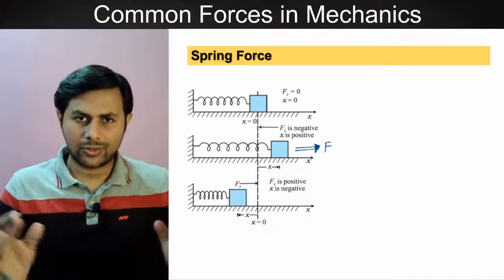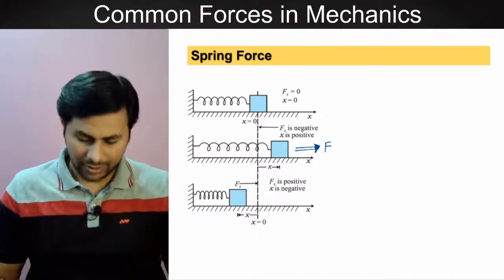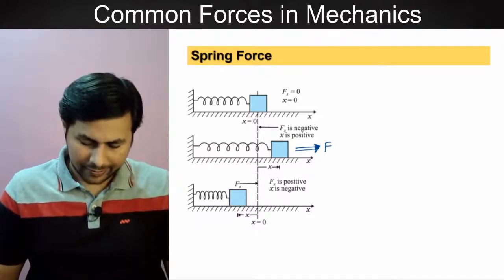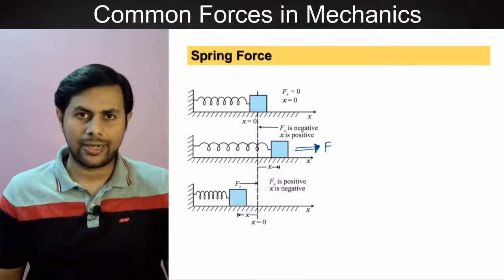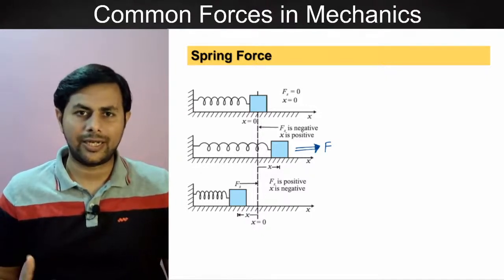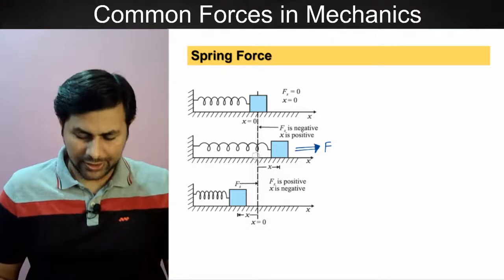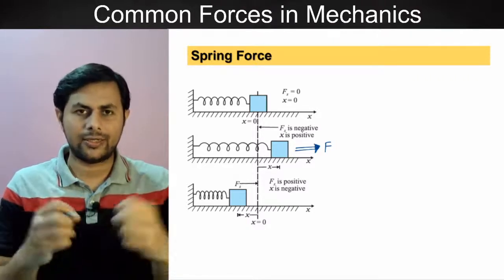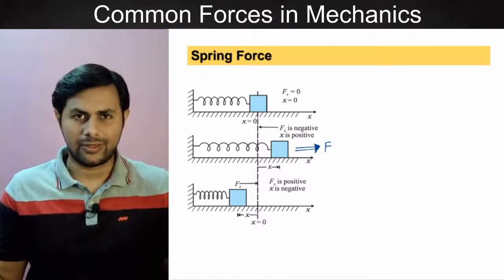So there is a restoring force generated in the spring which pulls it back. And that restoring force is directly proportional to the distance by which the spring gets elongated.